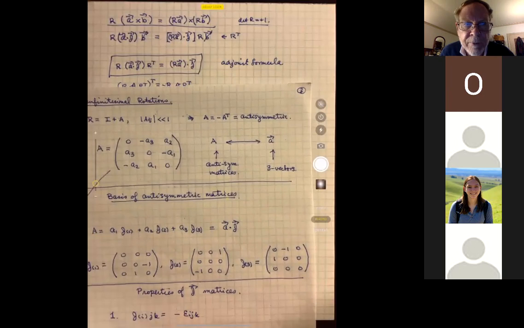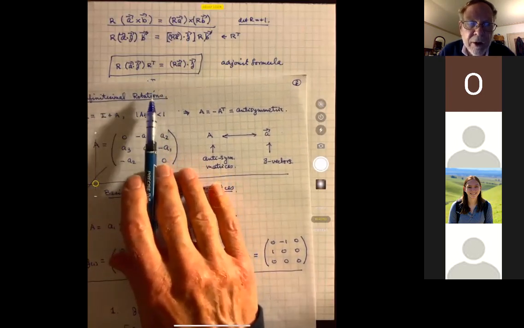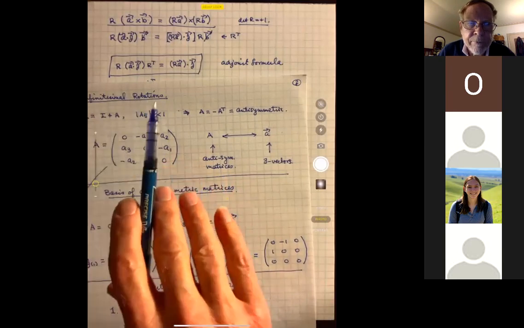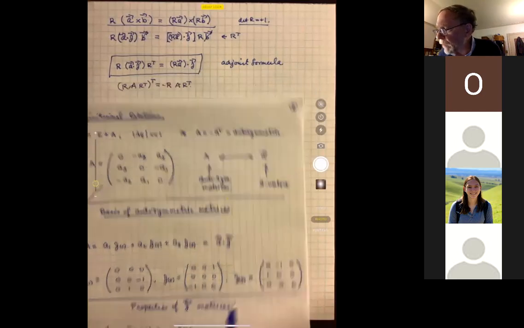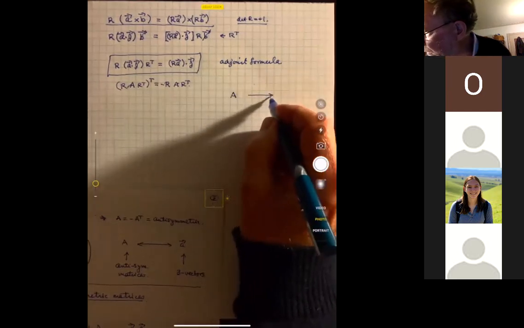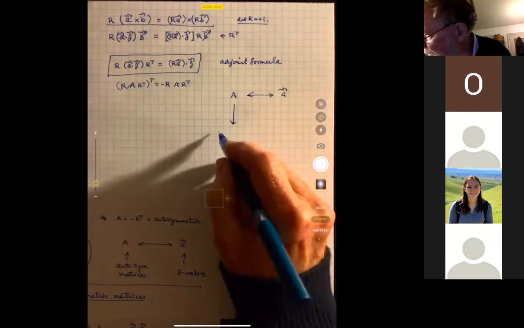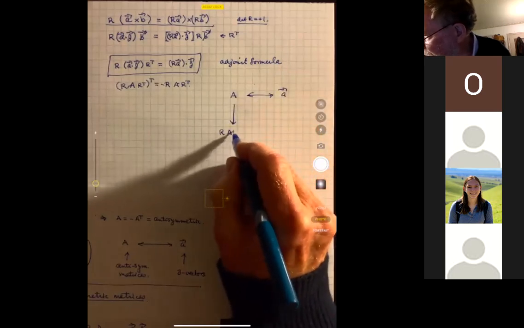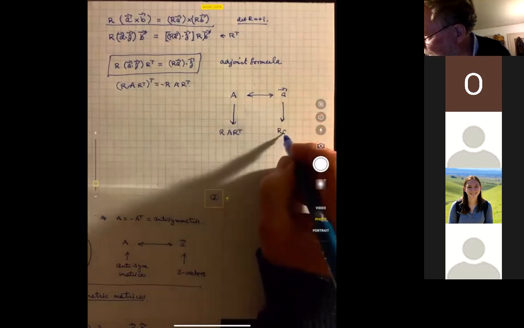As I say, of course, the conjugated matrix corresponds to some vector. What's the relation of this new vector to the old one? And this formula says it's just the rotated version of it. So if I could draw this in this diagram here, if I've got A corresponding to 3-vector lowercase a, and I carry out a conjugation here to turn this into R A R transpose, what happens to the corresponding vector is it just gets rotated like this.